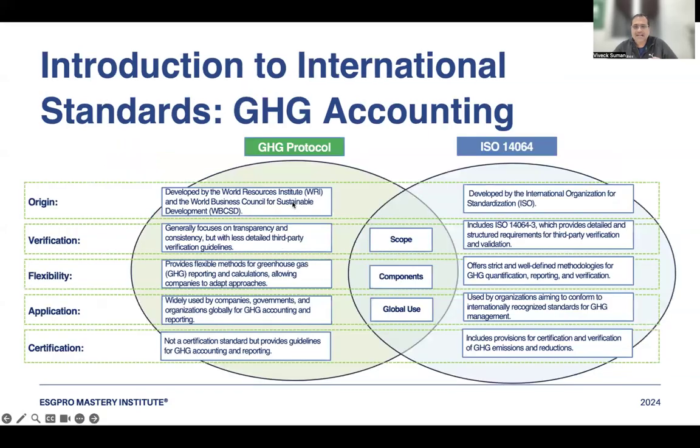Now, if that is clear, let's first understand clearly how these two standards differ from each other. As I told you yesterday, the GHG Protocol establishes what to measure and what to report, while ISO 14064 is a stringent mechanism that establishes how to measure.